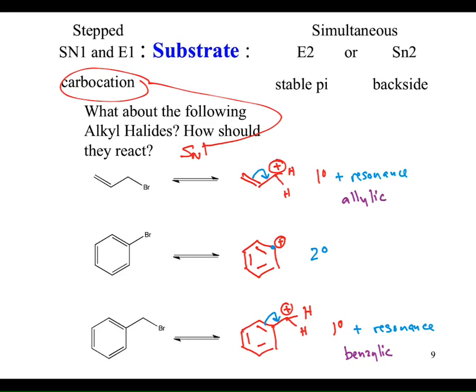If you go back and look at our classifications, primary, secondary, tertiary, they're all referencing atoms that started sp3 hybridized. In this case, that's not sp3 hybridized, which means the classification of secondary is actually wrong. It is better classified as sp2 or vinylic.